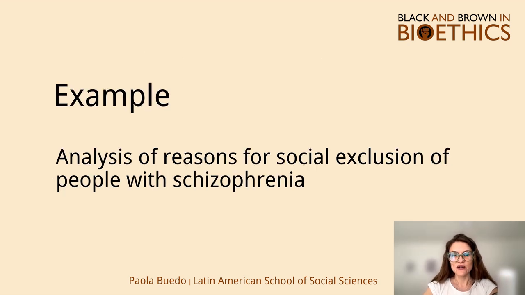So as I said, I will introduce the critical process matrix as an interpretative tool for data analysis in bioethics through the case example of analyzing the reasons for social exclusion of people with schizophrenia.